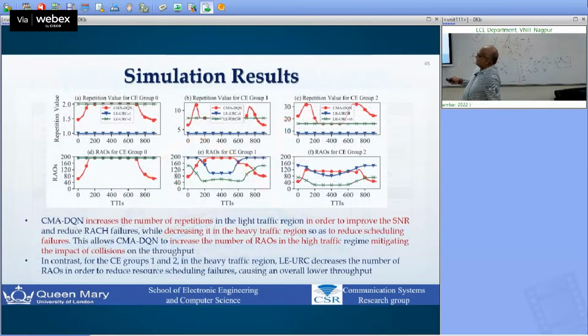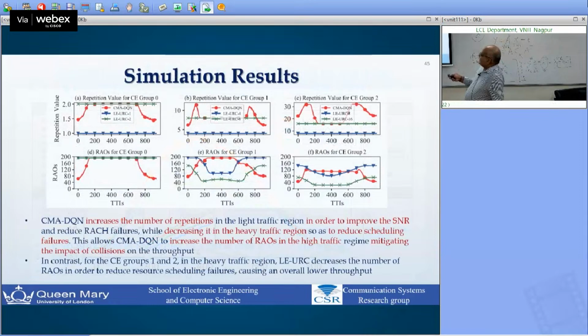This is the random access channels multiplied by the number of preambles, so here 48, so here 196. You can see in this load estimation approach, during the bursty traffic, the blue and green reduce the random access opportunity because collisions occur.